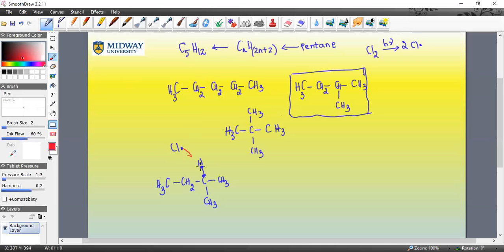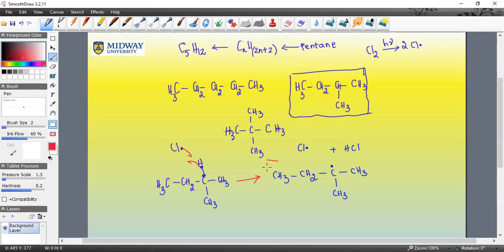So this combines with this, leaving you with this, plus HCl. Now, the other chlorine radical would combine with the free radical that we just generated.